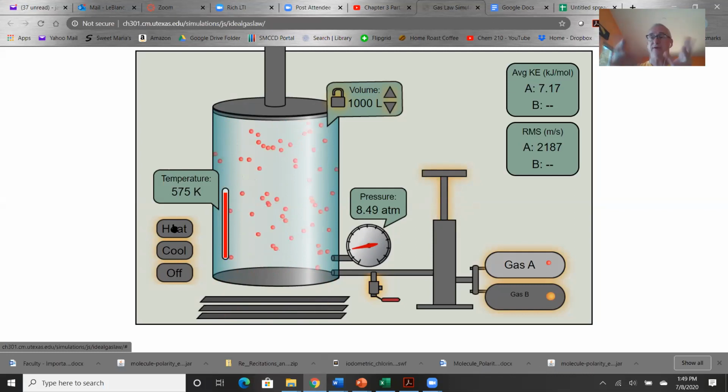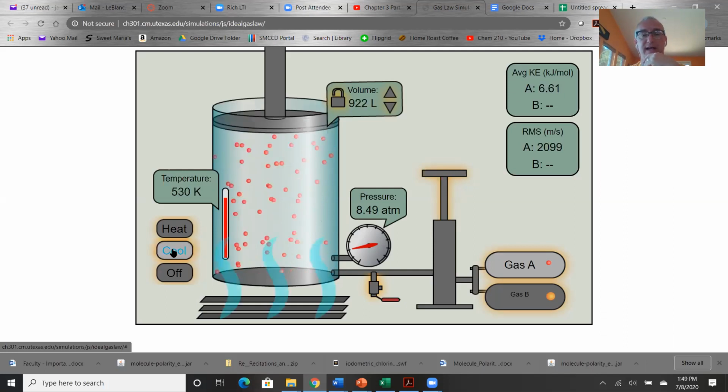So you're free to select different temperatures, different pressures. Just be aware that with this particular experiment, if the volume is unlocked, just the volume will change, okay? And the pressure will stay the same until you get to 150 liters, it appears.